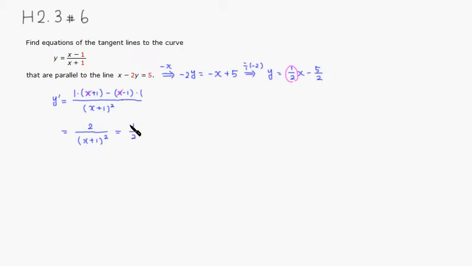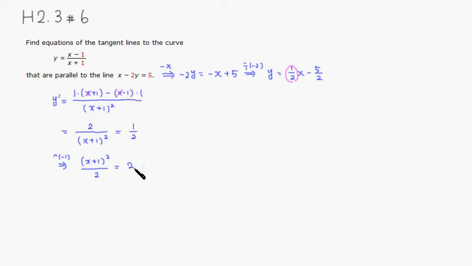The first thing we should do is probably take the reciprocal of both sides. That way we have x plus 1 squared over 2 is equal to 2.